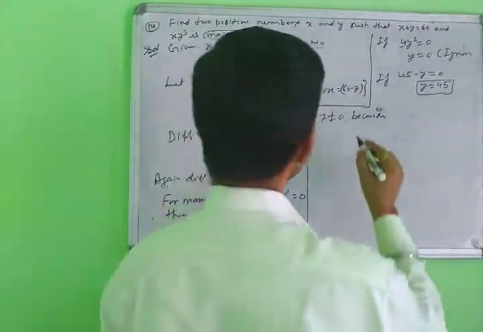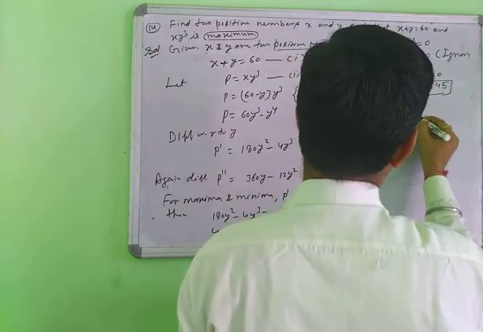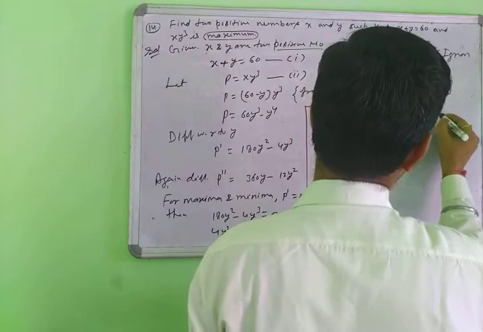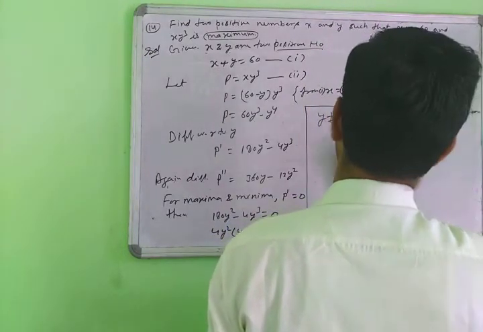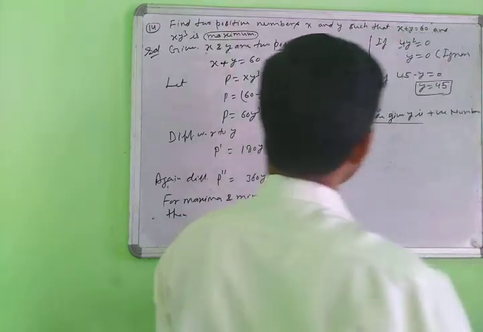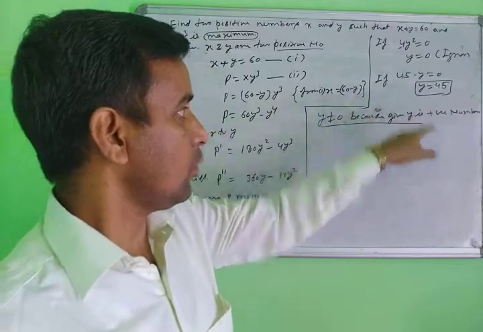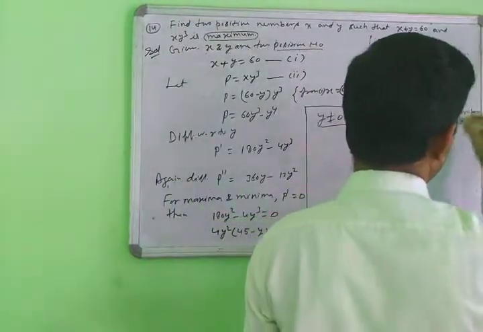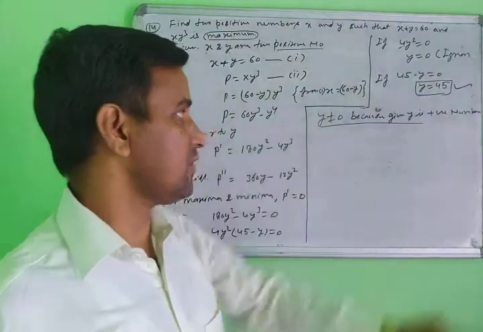Why? Because it is given that y is a positive number. So y is not 0. Only the value y equals 45 is usable.